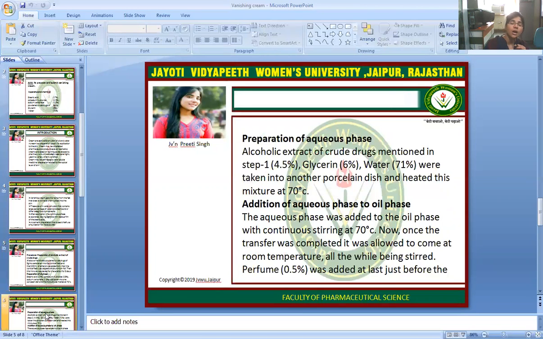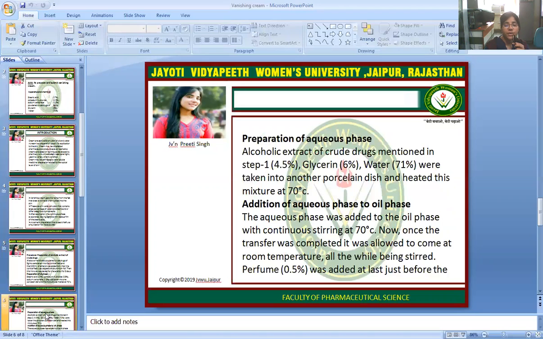Now we come to the preparation of aqueous phase. Alcoholic extract of crude drug mentioned in step 1, 4.5%, glycerine 6%, and water 71% were taken into another porcelain dish and this mixture was heated at 70 degrees Celsius.